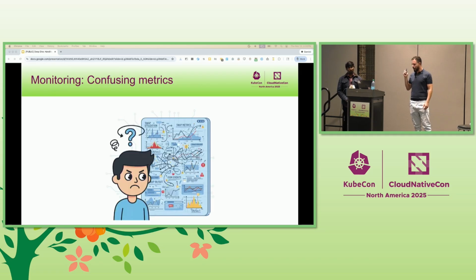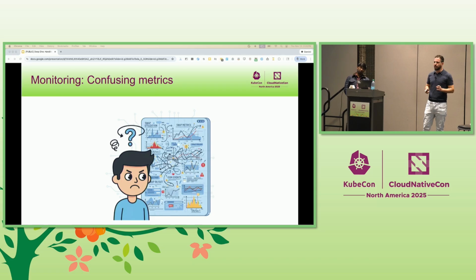Moving to the last thing that I want to talk about, which is monitoring. Monitoring with swap is very confusing. One of the most confusing metrics is swap usage. Swap usage tells you almost nothing about how pressured the node is, for two reasons mainly.